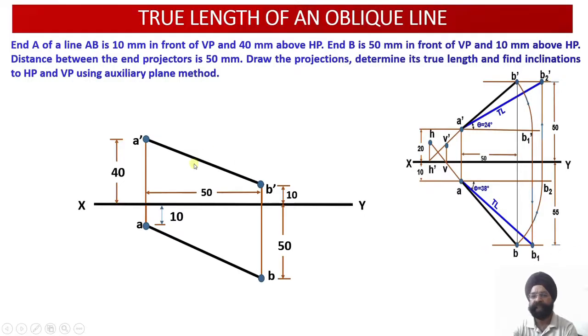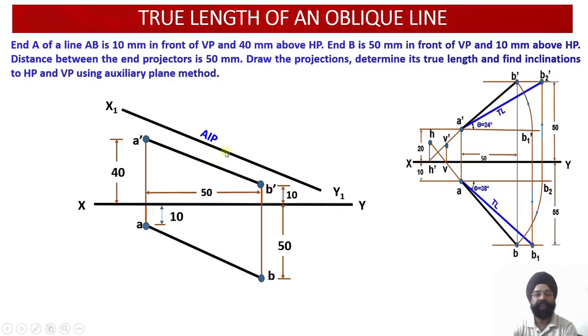But in the auxiliary plane method, rather than rotating the line A dash B dash to make it parallel to the horizontal plane, we are going to draw an imaginary auxiliary inclined plane parallel to this elevation projection line A dash B dash, so that we need not rotate this line.